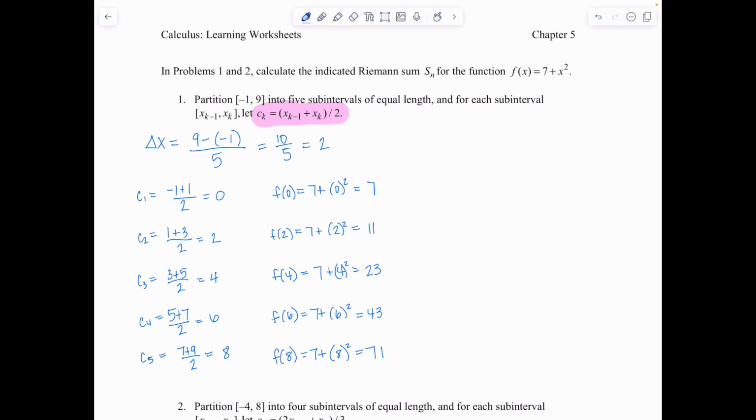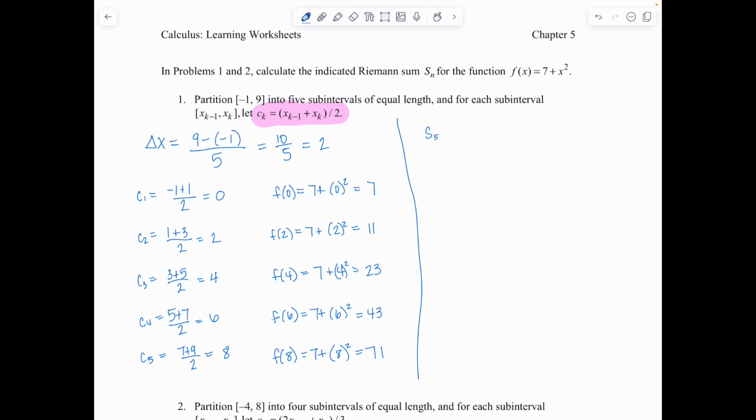Okay? And a sum is telling us to find out what happens if we add them all up. That's the sum. So our sum, our S sub n, we're representing with an S sub 5.